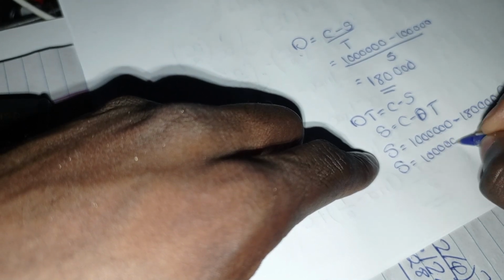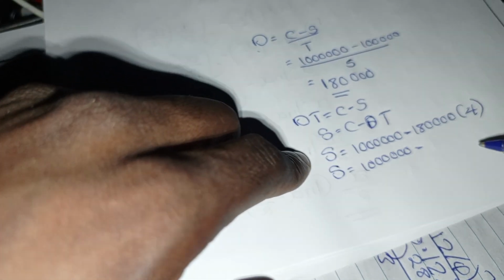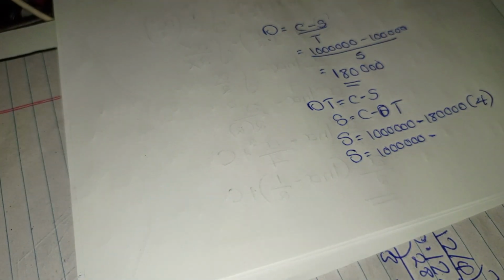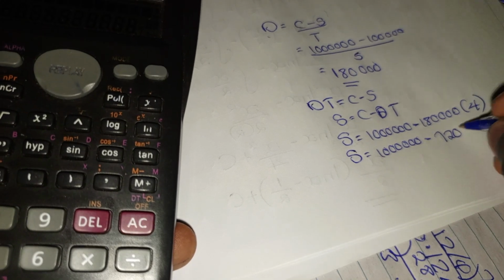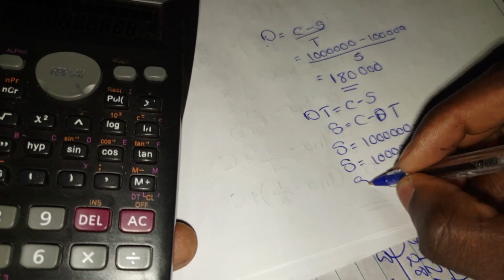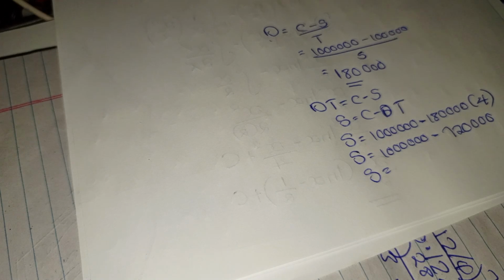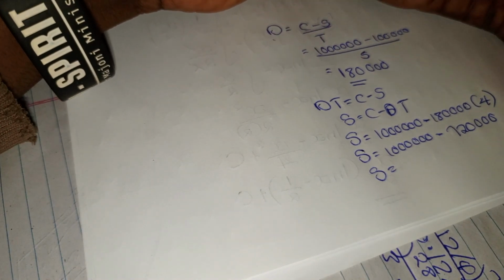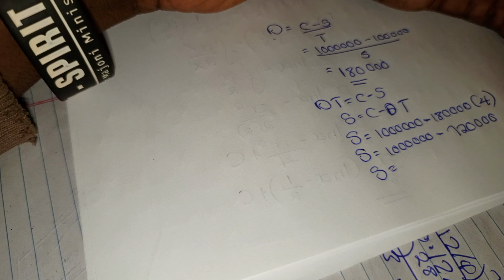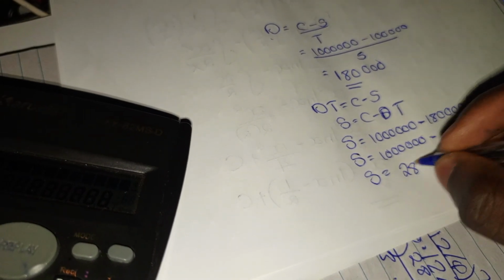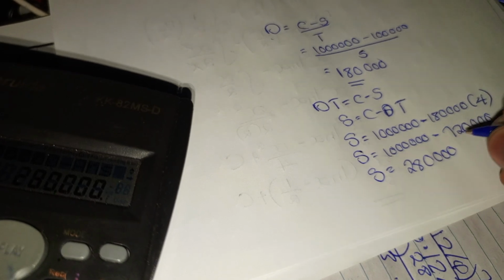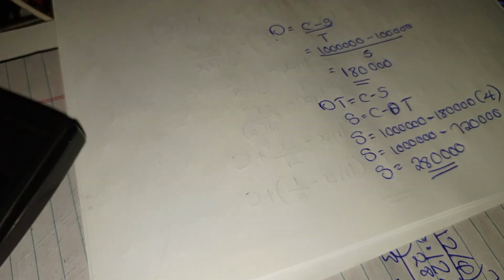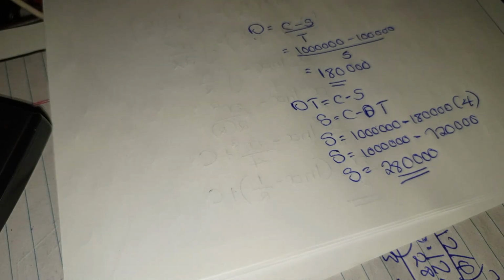So S is equal to 1 million minus, then from here you multiply 4 times that, giving you 720,000. Then from here you subtract from the 1 million, and you are getting 280,000. So this is the book value of the machine at the end of the 4th year.